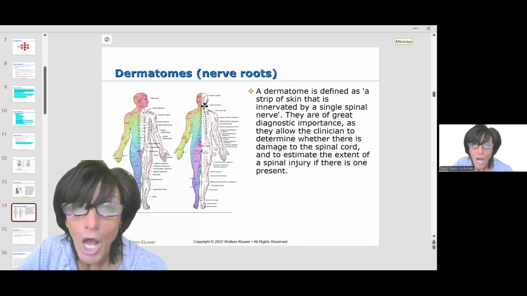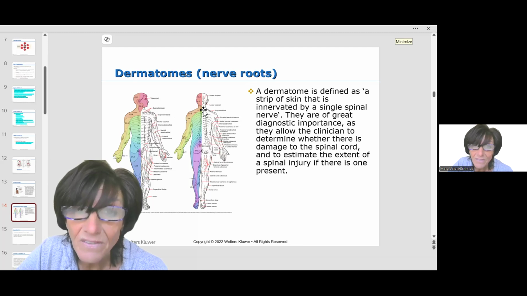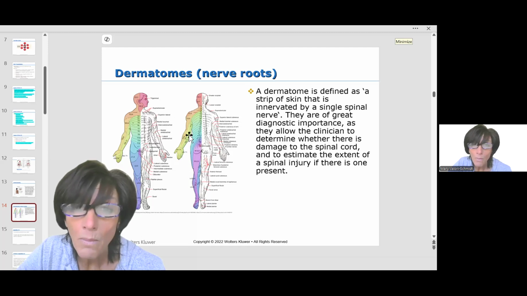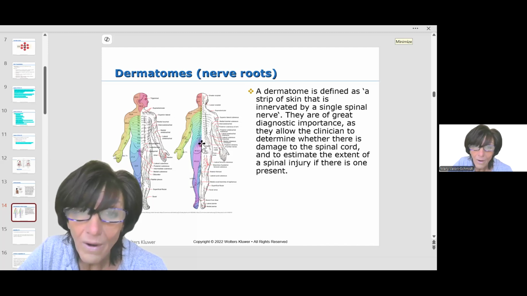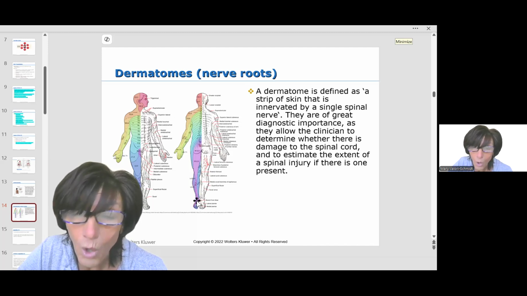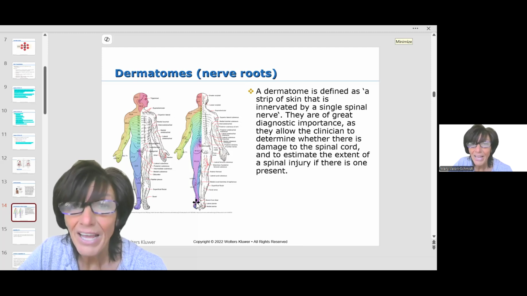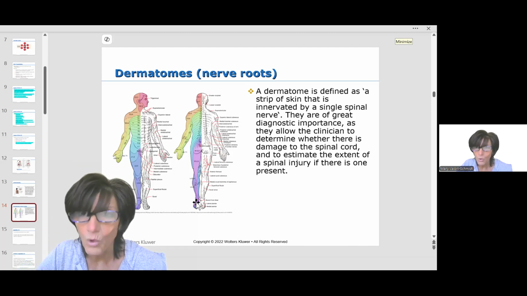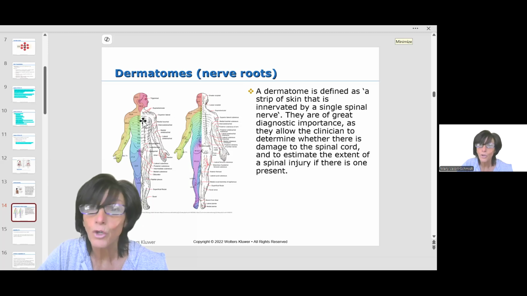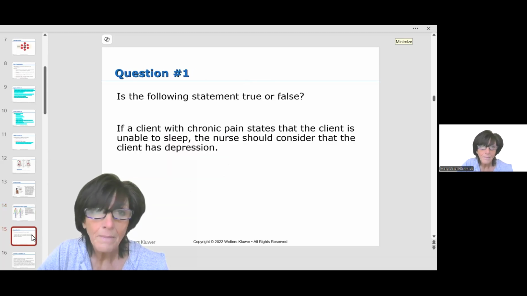So if you have a herniation, say at cervical 5 or cervical 6 or cervical 7, you can see where that pain would radiate to in terms of your hand or arm. Same thing with your lower spine. Injuries at L4, L5, S1 go all the way down the leg. Okay, so that's radiating pain or radicular pain. Travels a dermatome or a nerve root.